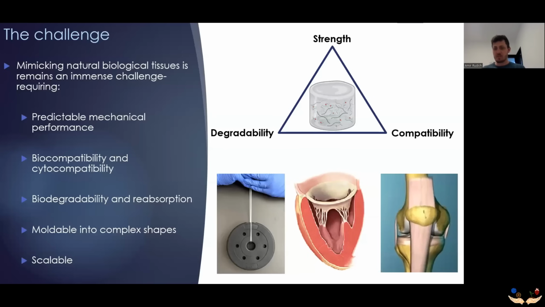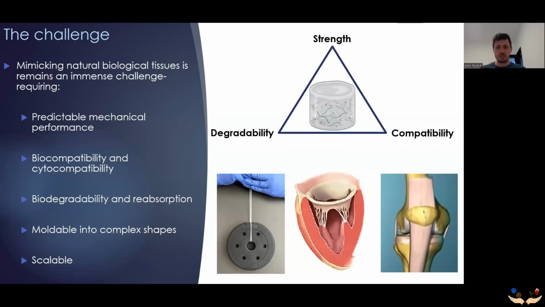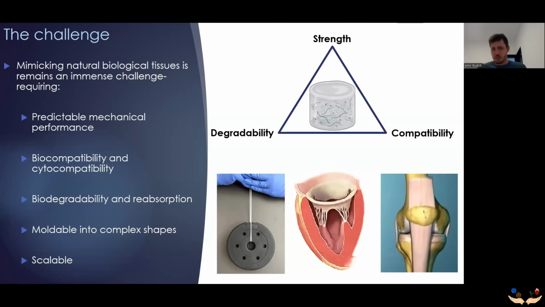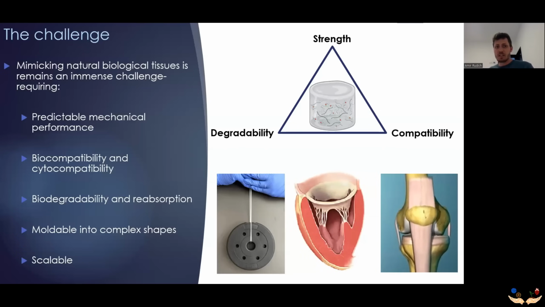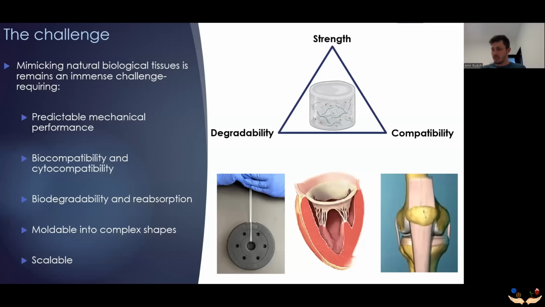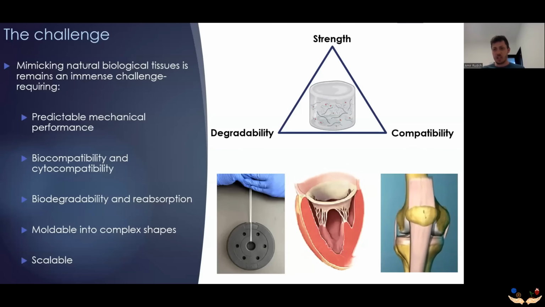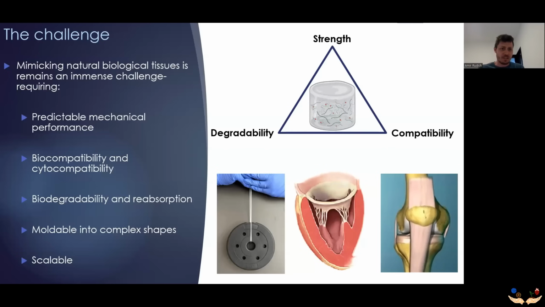Now, just as a general overview, hydrogels have been looked at for many different applications, among which is tissue engineering. In tissue engineering, we're still facing an immense challenge in trying to mimic the behavior of natural biological tissues. These tissues vary in mechanical performance, they vary in shape, and in a lot of different things.